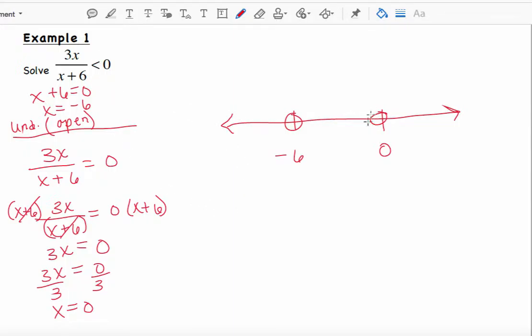So this will also be open circle. And then I'm going to bring over my original problem to substitute into. There was really nothing to factor, so it is what it is. So let's start subbing into it. I will have one factor on top and one factor on the bottom.